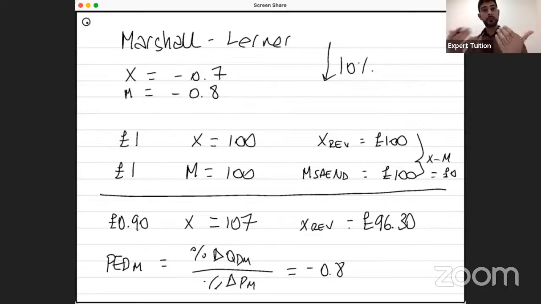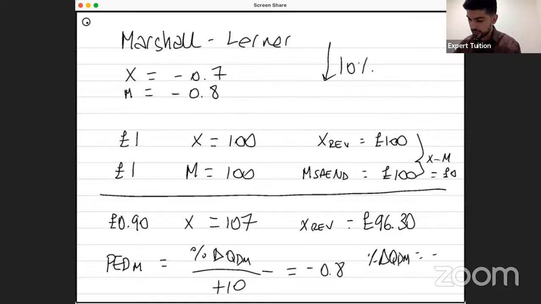Would you guys agree that it becomes 10% more expensive? That means the bottom of my fraction is going up by 10%, so it's now plus 10. Let's rearrange it again. If I take it to the other side of the equation, it's going to tell me that the demand for imports is going down by 8%. I'm getting 8% less demand for imports. I'm not going to buy as much.